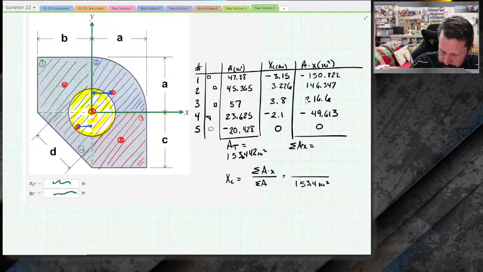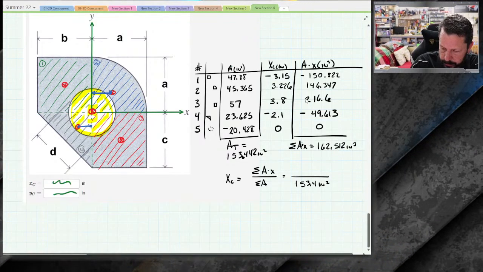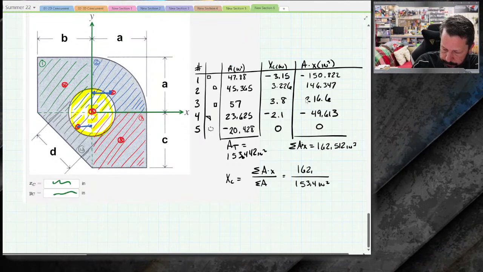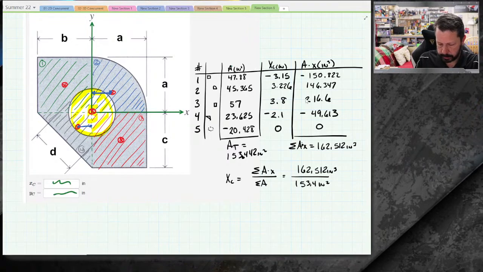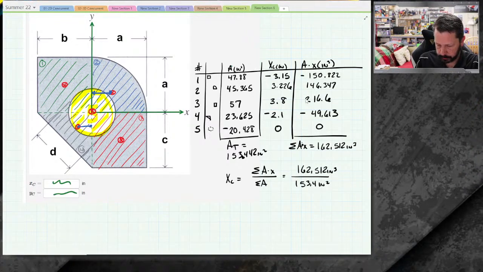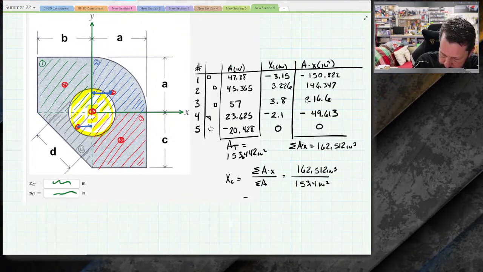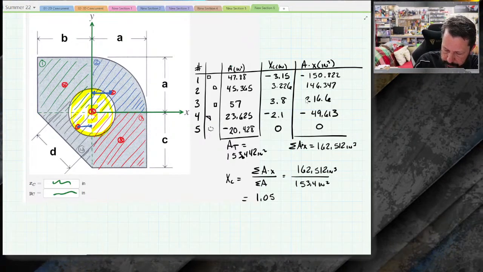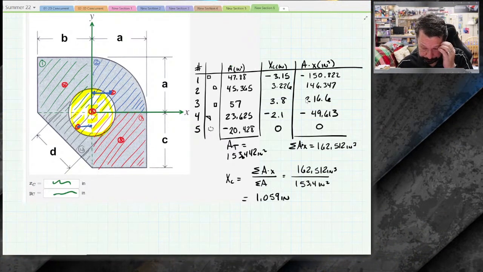I think 162.512 inches cubed, which is going to go right here. And we do that math, so divide by 153.4. And it says 1.059 inches. So inches cubed over inches squared is inches.